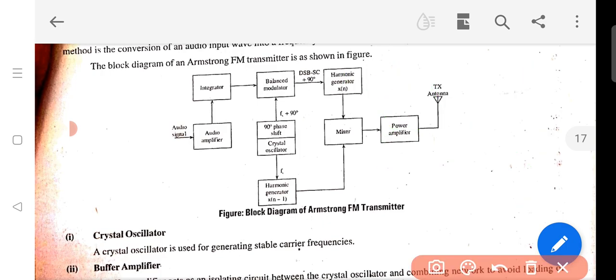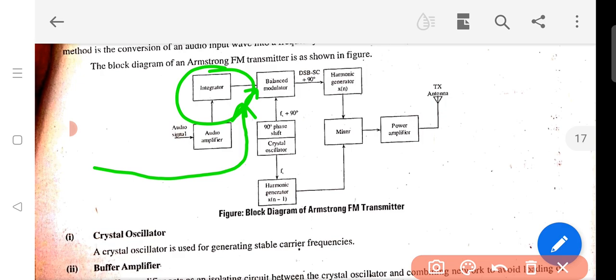Here the message signal is fed to the balanced modulator through the integrator. Our message signal is integrated, and then fed to the product modulator. The balanced modulator and product modulator are the same.